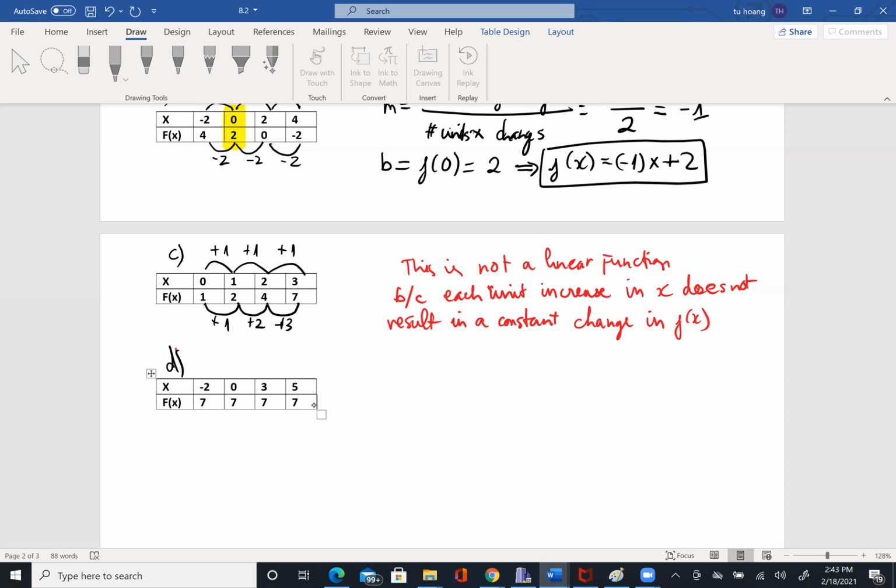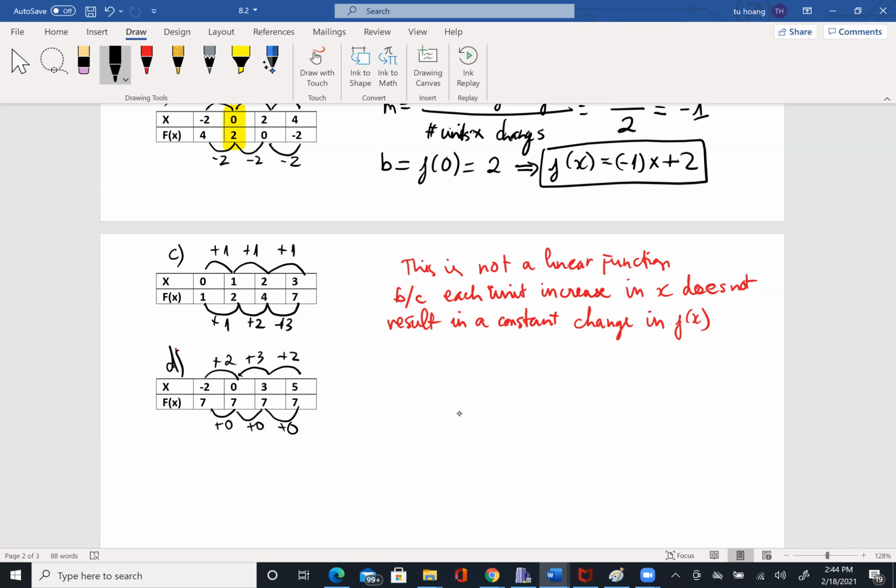You can see that x is changing by adding 2, adding 3, and then adding 2. Right? So x is not constantly changing, but what happened with y? Nothing changes, nothing changes, nothing changes.